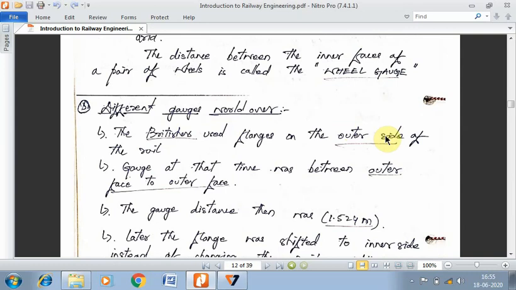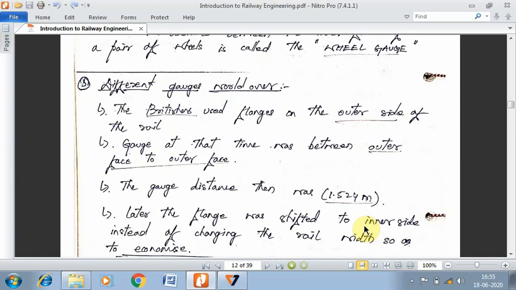So the distance then was around 1.5 to 4 meters. Later, because of the inefficiency that was observed in the olden days, the flanges were shifted to the inner side, instead of changing the entire rail system, which was not possible. So the easiest way to adapt to the existing condition was to just shift the wheels the other way.